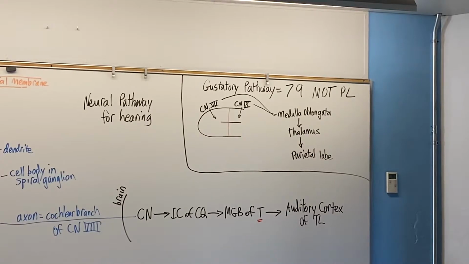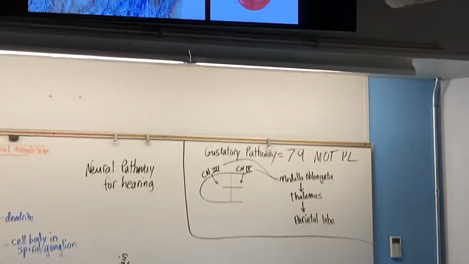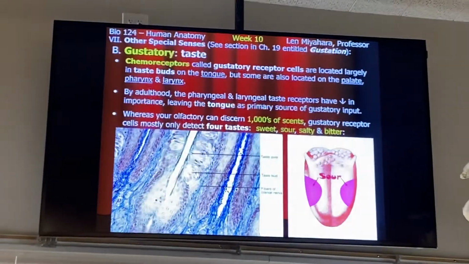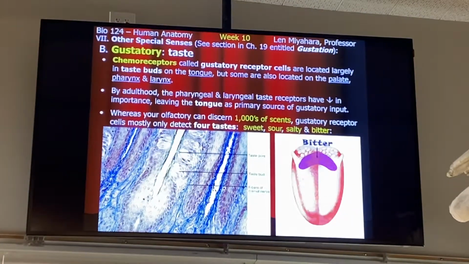There are some in the throat, in the pharynx, which use cranial nerve number 10, but it's so minor and only for taste buds in the throat. What's on the tongue is actually 2 cranial nerves. Now, even though you can sense thousands of different smells, you can only taste 4 tastes. Everybody got it? They're listed right there.